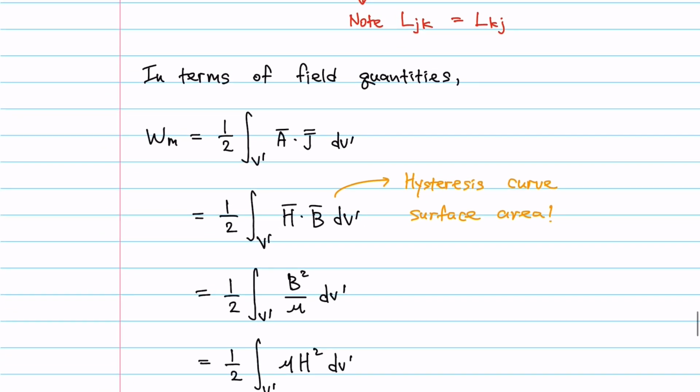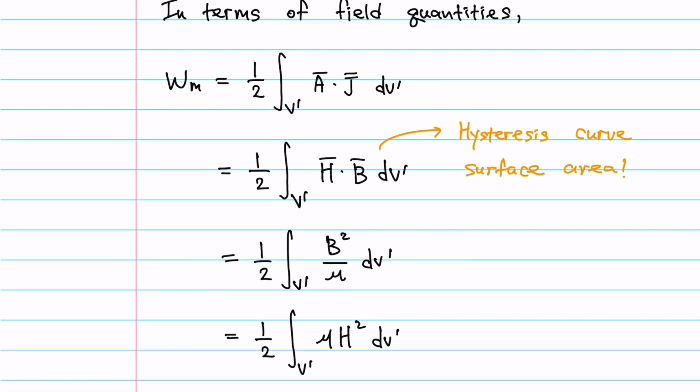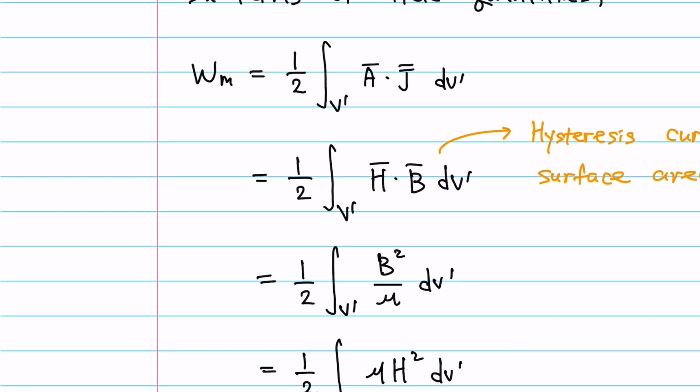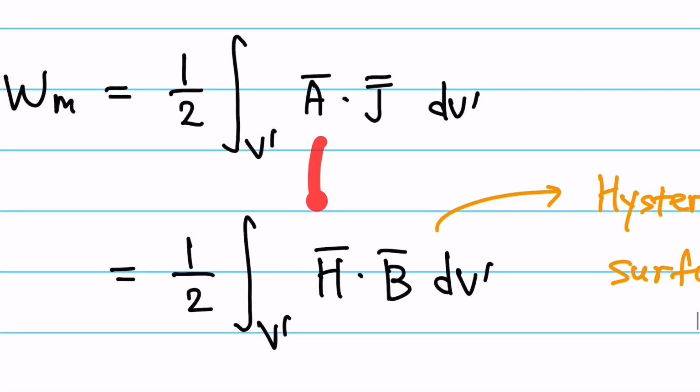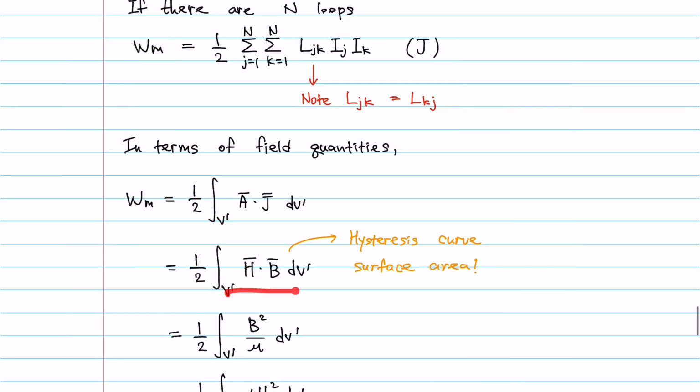And if you look at the magnetic energy in terms of field quantities, we know that the vector magnetic potential is like the voltage in the magnetic field domain, times the current density. Obviously, that would lead to energy. And we have seen H times B, that's the hysteresis curve, right?